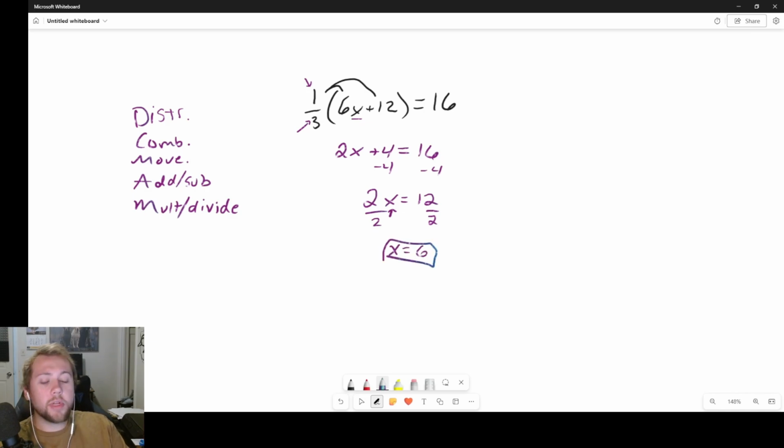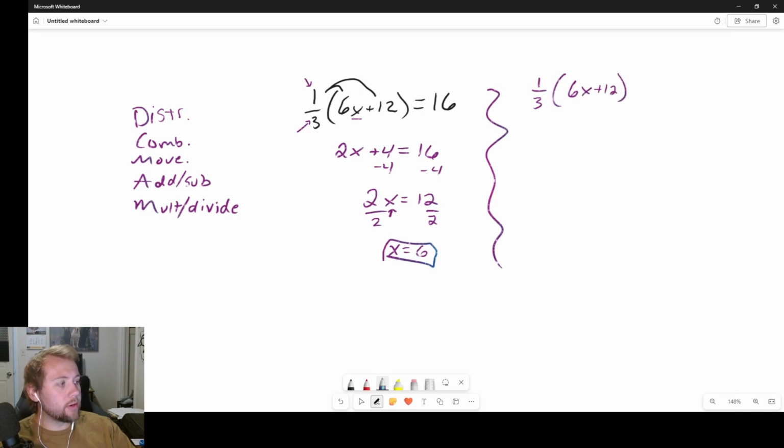Now there's another way to solve this problem, and I'm going to go through that briefly now. So we have that 1/3 out front, and if you want to get rid of that 1/3 out front, another way you could solve this problem is to multiply by the reciprocal. Whenever you're multiplying by a fraction, you can multiply by the reciprocal on both sides.